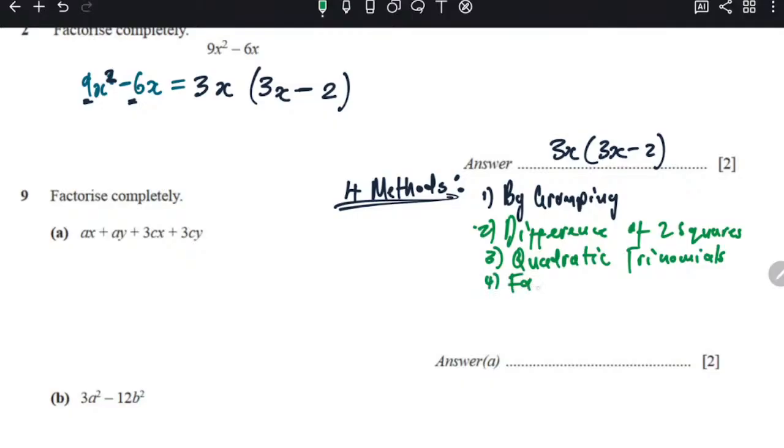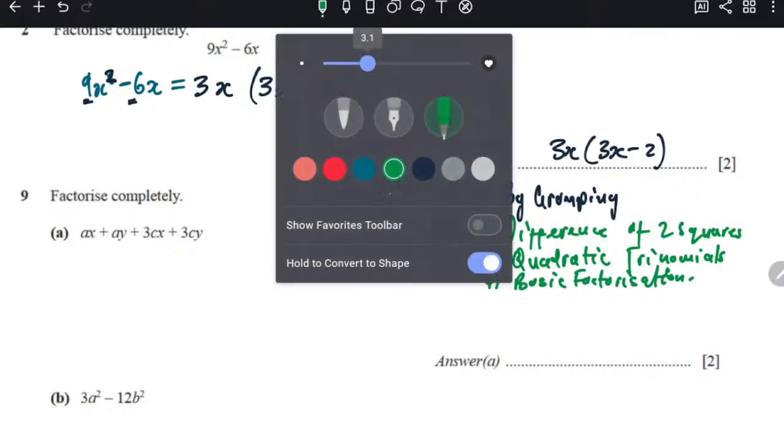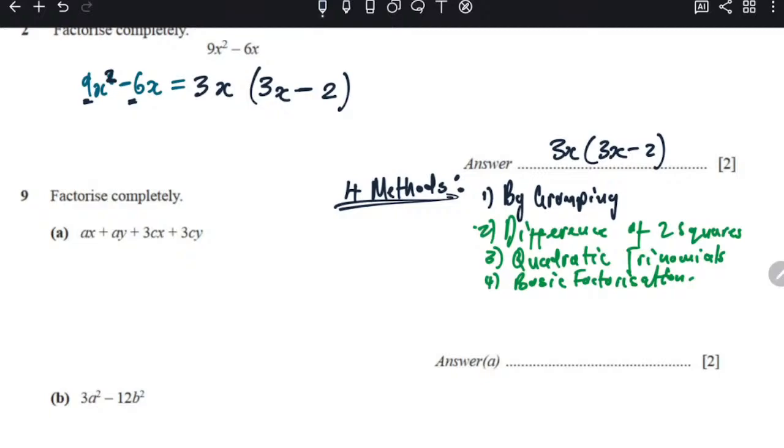When we say the basic factorization, it's just when we look for a number to factor out and a letter to factor out. So here we go, and we can continue nicely.